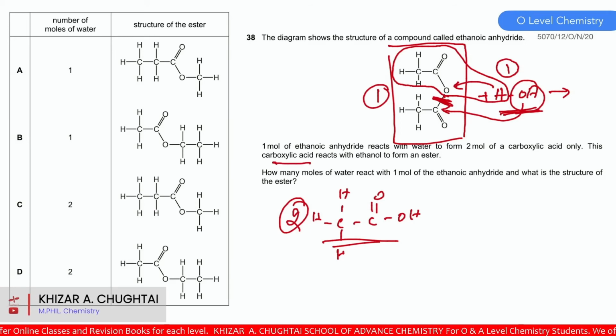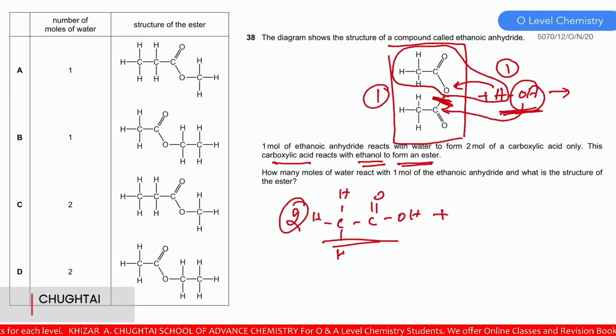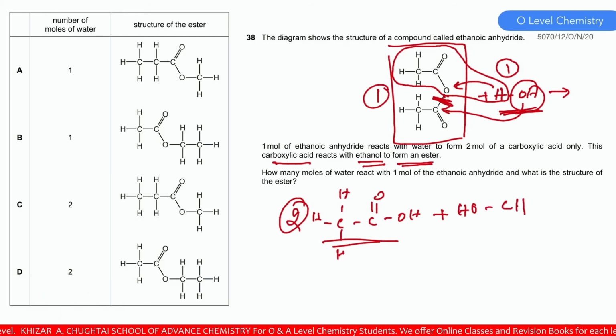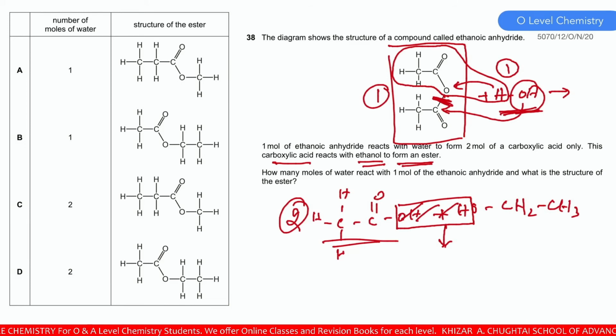The next one is, this carboxylic acid reacts with ethanol to form an ester. If this acid is allowed to react with ethanol, what type of ester can be made? OH from this one, H from this one, and so there will be the ester, that is this one.